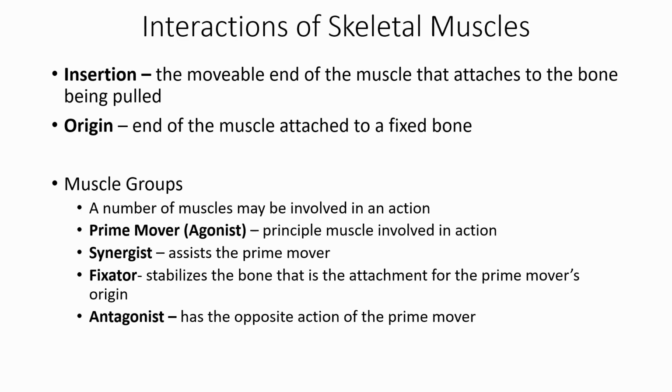So I mentioned the biceps brachii before and how that could be an agonist. Its primary movement is to flex at the elbow. We also have the brachioradialis that can help with that, so it's a synergist. Fixator muscles can be up in the shoulder area to stabilize the shoulder.